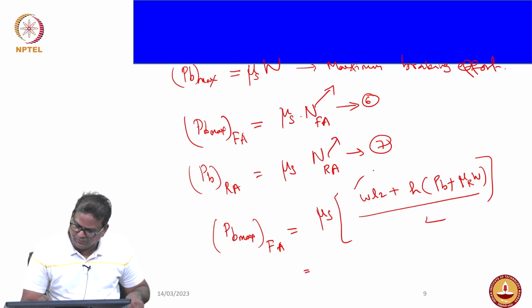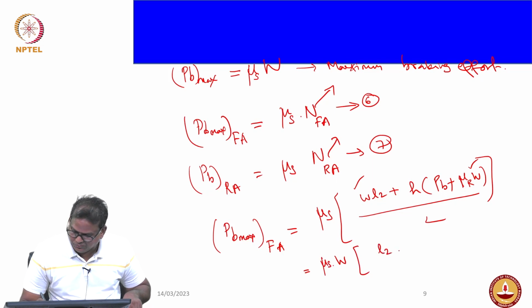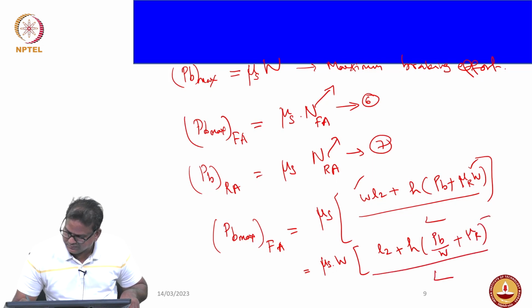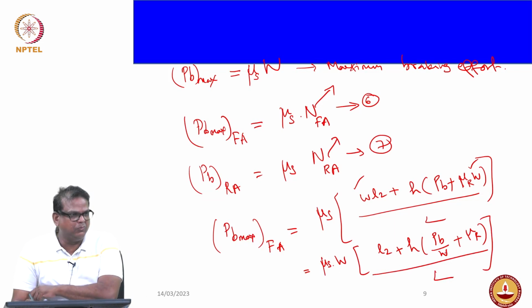You can rewrite it in a simpler way. Take the load W outside, mu S into W. When you do that, you will have L2 plus H PB by W plus mu R, divided by L. But we know PB by W. Your maximum braking effort depends on what?